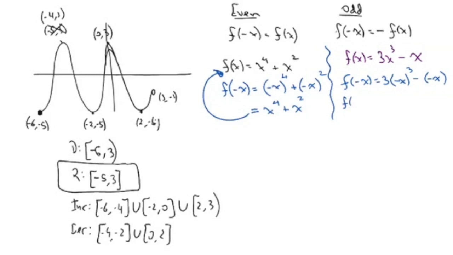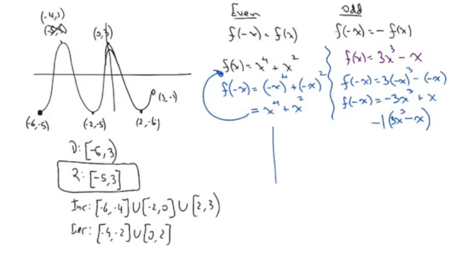So what happens here? A negative raised to a 3rd keeps it negative. Might as well put that in front of the 3: -3x cubed. Negative times a negative is a positive x. If I factor out a -1, this becomes -1 times 3x cubed minus x, which is the original function, but it's the opposite of it. So this one is considered even, this one is considered odd.